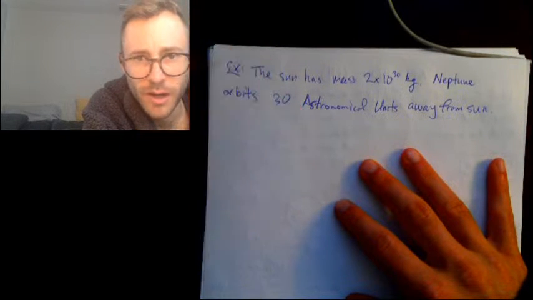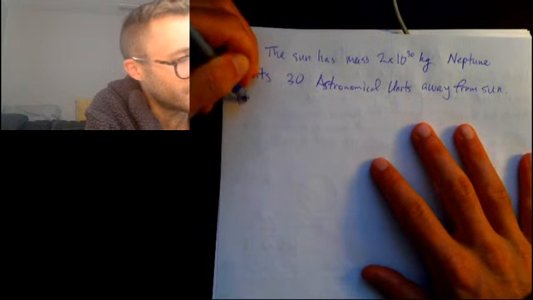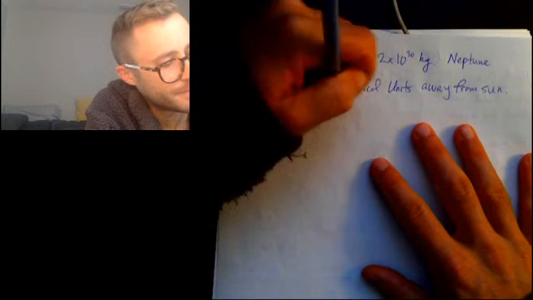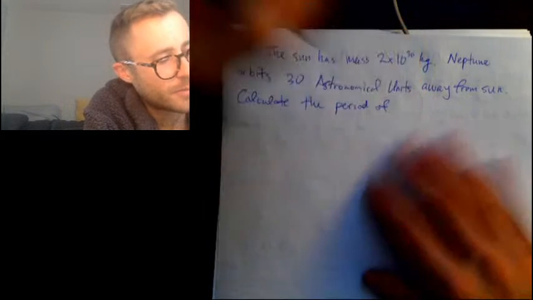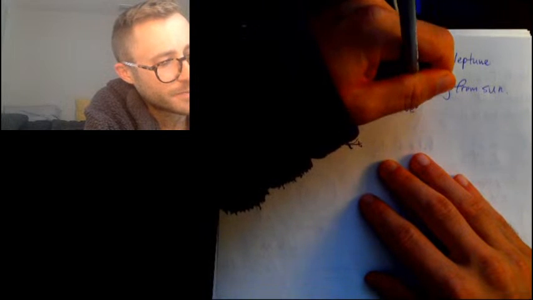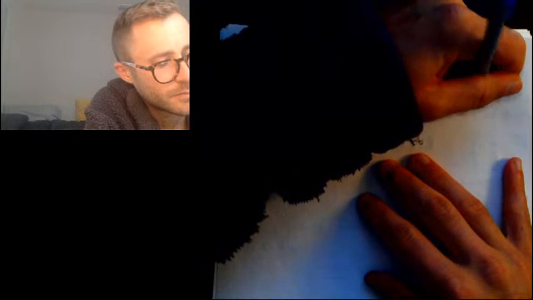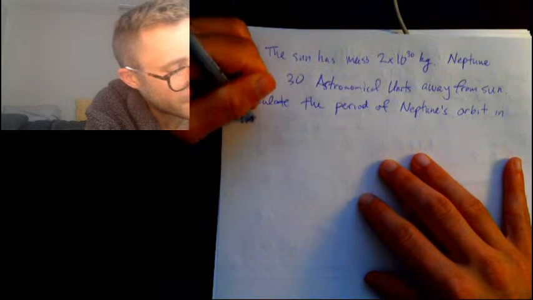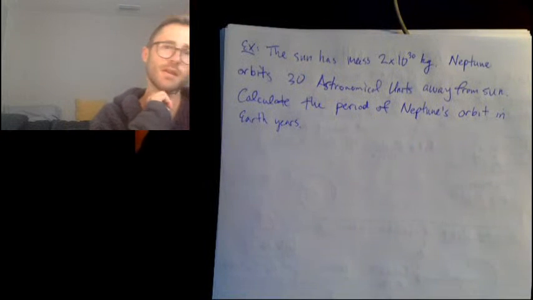So I'll talk about what an astronomical unit is in just a second. Calculate the period of Neptune's orbit in Earth years. Okay.